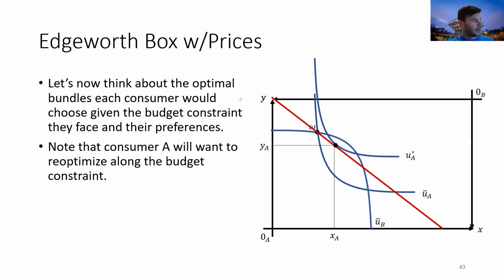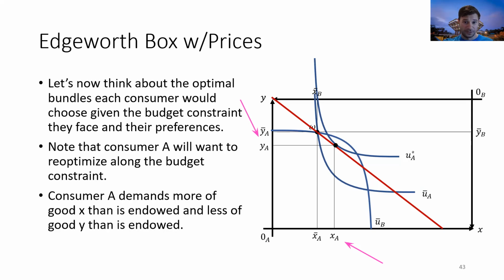Okay, so what we're looking at here, YA and XA, those are the demands for individual A when they're facing the current set of prices. Notice we can compare those to the amount of good X and Y that individual A actually has, right? How much was A endowed with? Well, A was endowed with a little bit more Y than she wants, but A also is endowed with a little less X than she wants at the current prices.